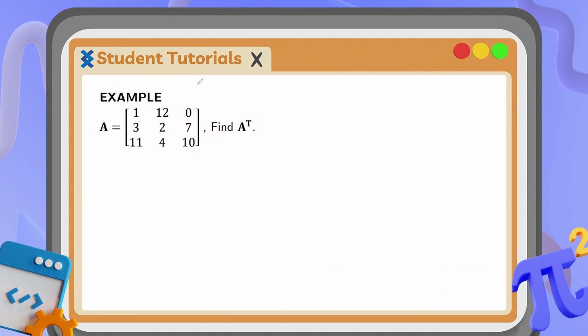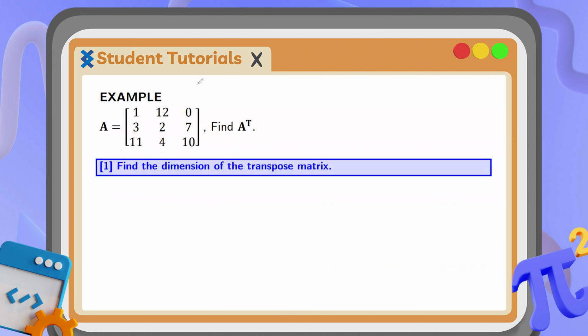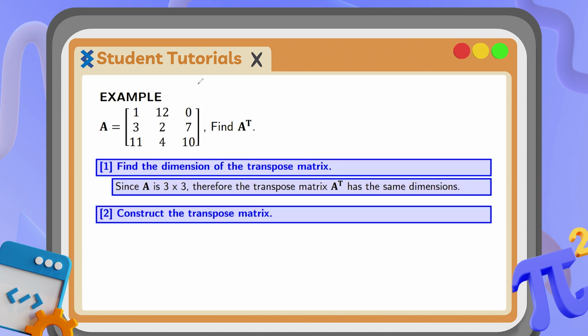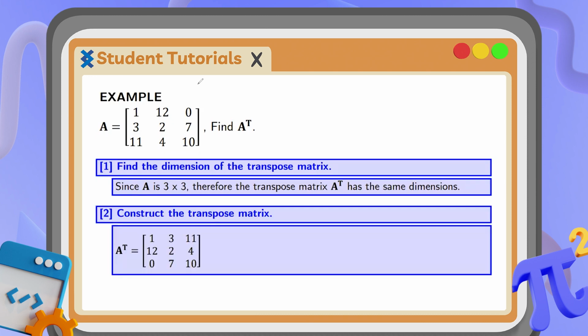So now we have another example over here. This time it is a square matrix. And again, as I said a while ago, if a matrix is a square matrix, the transpose matrix would have the same dimensions. And if we construct a transpose matrix, we would get this.